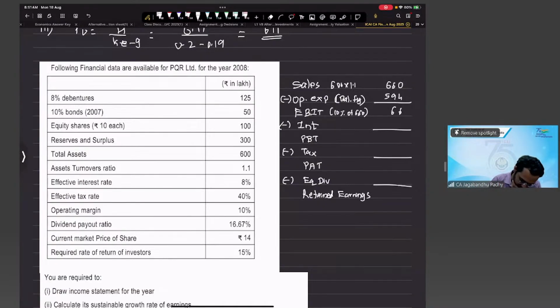But here you can do that, but there is information given over here. See, effective interest rate is 8%. So basically, the IRR or the effective rate of interest that you're paying is 8%. So I need to look at the effective interest rate. Effective interest rate takes into account the redemption value and the premium on redemption or discount on issue.